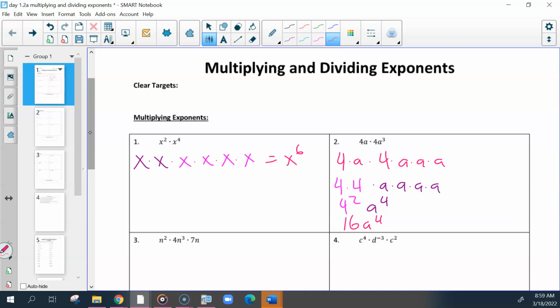So our rule, and you can write this here or at the bottom, doesn't matter: when multiplying like bases together, we add the exponents.